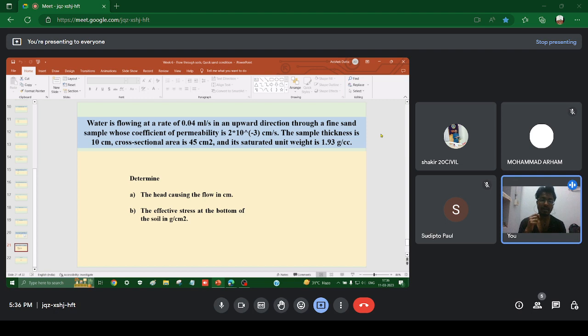The sample thickness is 10 centimeter, cross-sectional area is 45 centimeter square, and its saturated unit weight is 1.93 gram per cc. Given these conditions, you have to determine two things. Number one, the head causing the flow in centimeters, and number two, the effective stress at the bottom of the soil in gram per centimeter square.